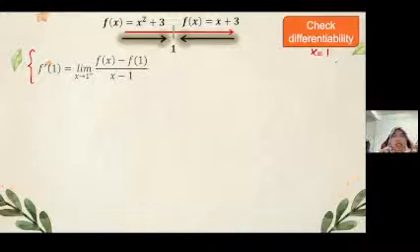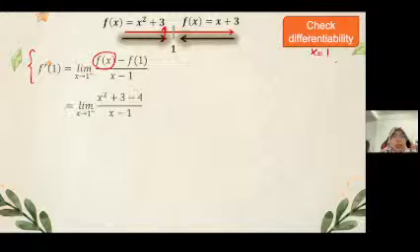Okay, so on the left hand side of 1, the function is x squared plus 3. So I will replace this f(x) with x squared plus 3. So we get x squared plus 3 minus, you just substitute x with 1, so we are going to get 4. So the limit for x approaching 1 on the left hand side of x squared plus 3 minus 4.